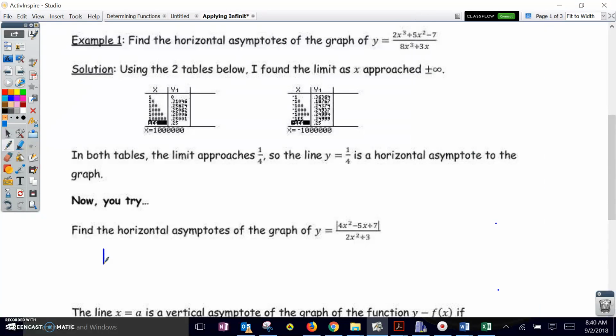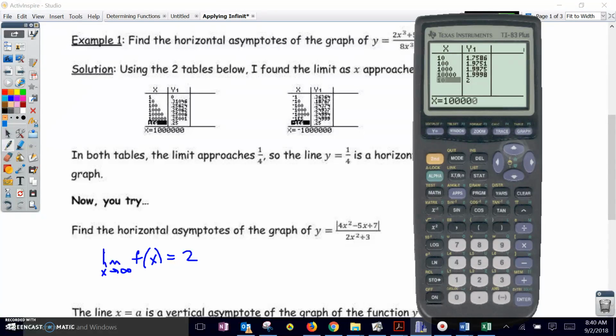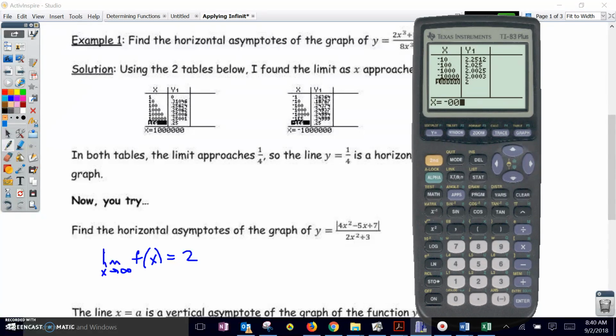So the limit as x goes to infinity of the function is positive 2. And I'll do the same thing going to negative infinity. Negative 10, negative 100, negative 1,000, negative 10,000, negative 100,000.